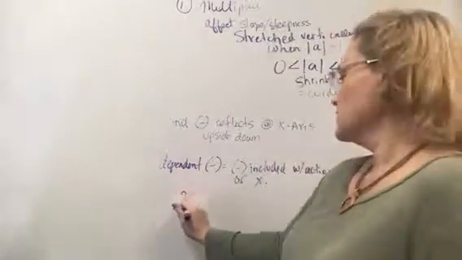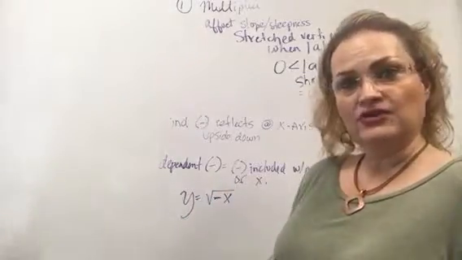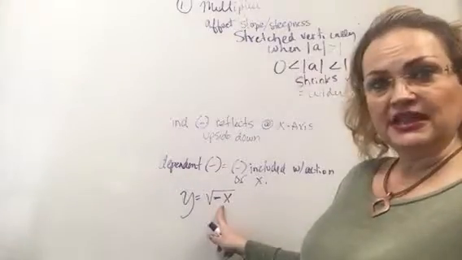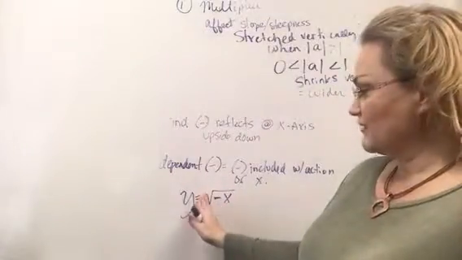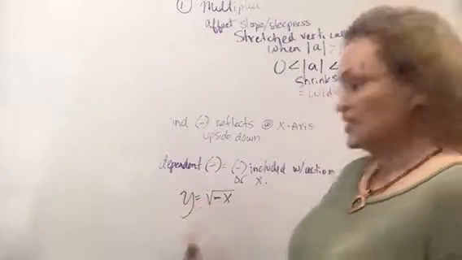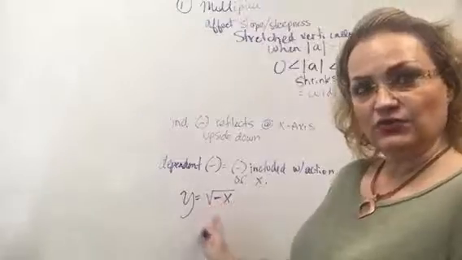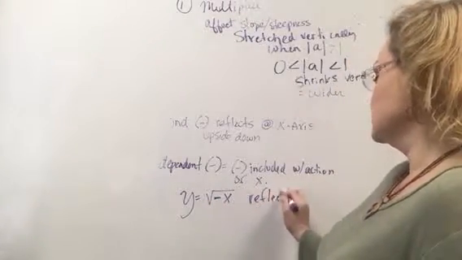So for example, if we were doing y equals the square root of negative x, with a negative inside of the radical, that's what I call a dependent negative sign. Its action is on the x in the operation. It's not just after all the work out here at the end where it makes the y just opposite. It's actually changing the x value before you do the operation. That reflects about the y-axis.